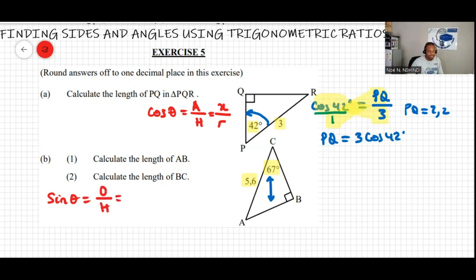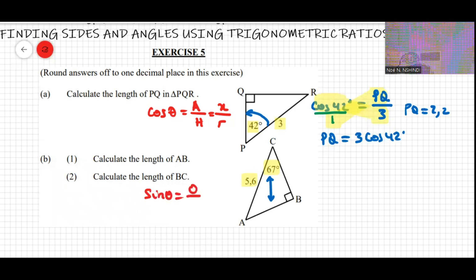Sometimes the opposite side is referred to as y, and the hypotenuse as r. So sine of the angle will be opposite side over hypotenuse. Then we can solve the problem.